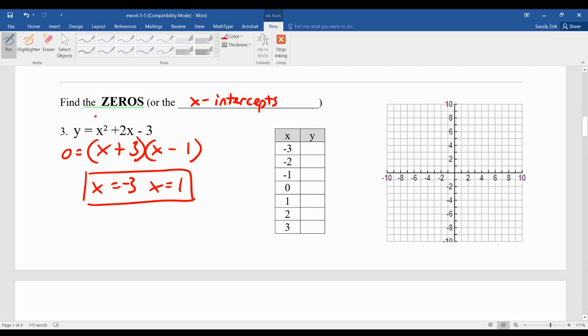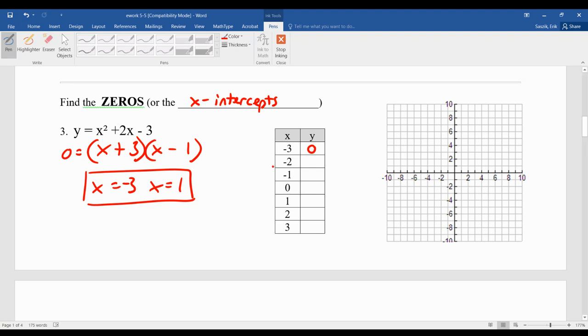Now I'm going to show you this first one. If I plug in -3 squared, and that would be plus 2 times -3 minus 3, that's 9. That's -6. That's -3. Well, 9 minus 6 minus 3 would be 0. Okay, you can use your calculator to help you with that. That's fine.